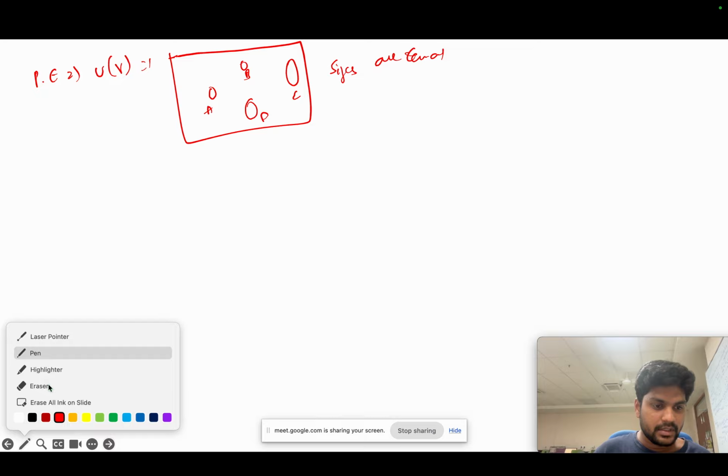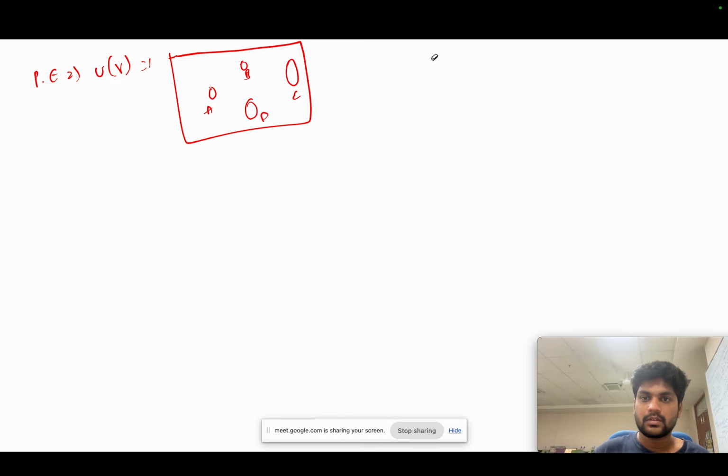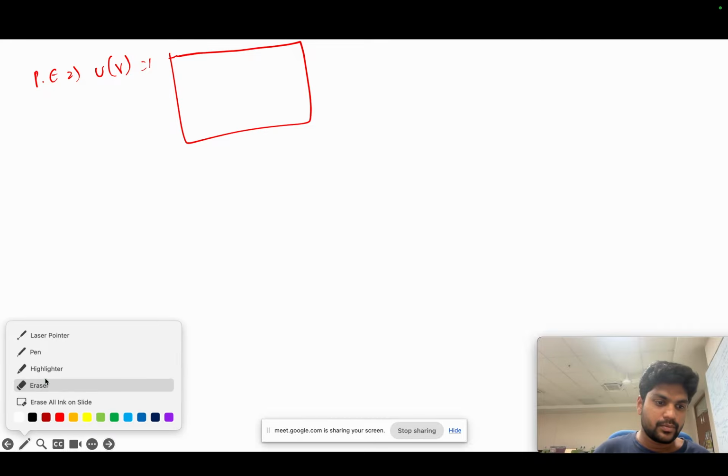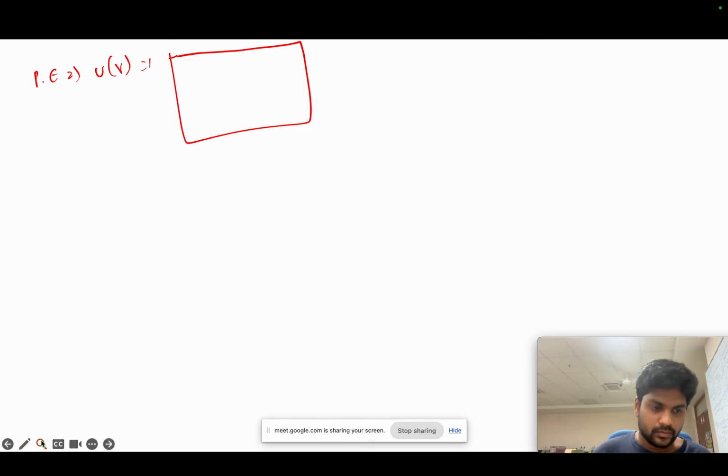I made some mistakes, so once again, just assume we have different particles.